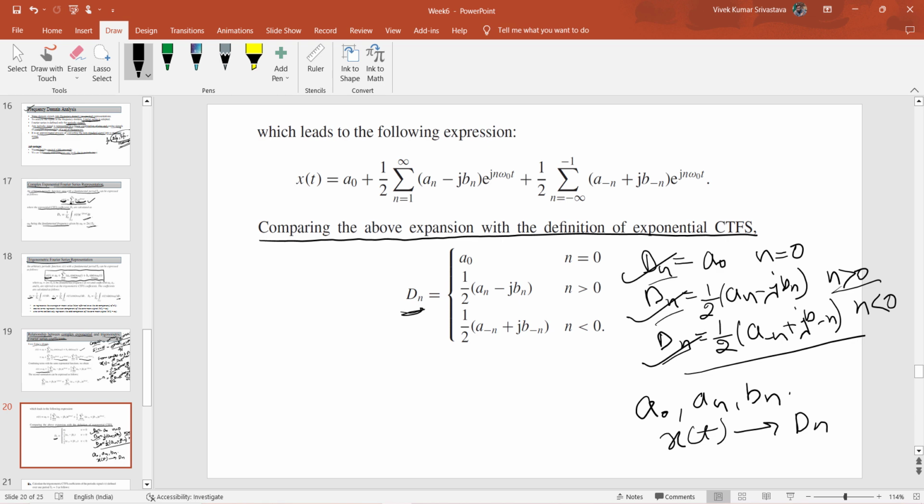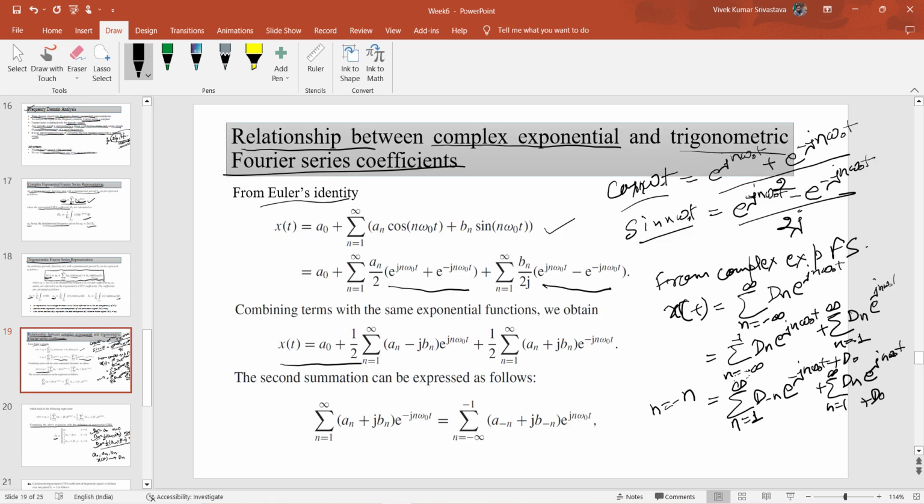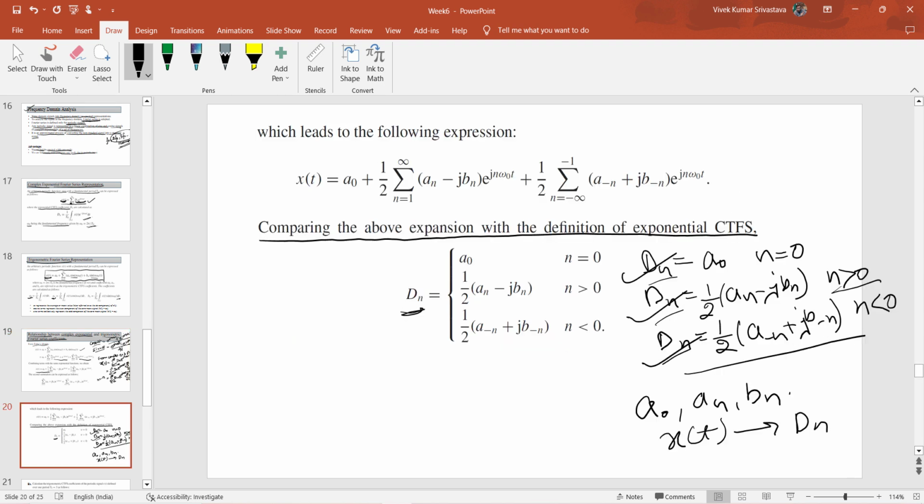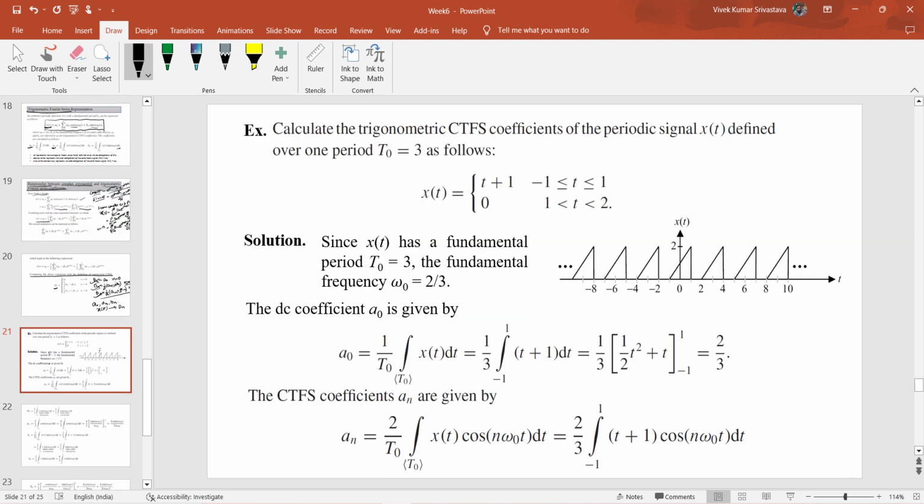Okay, so that is basically the purpose behind checking this relationship between complex exponential and trigonometric Fourier series coefficient. Okay, so here is the problem.